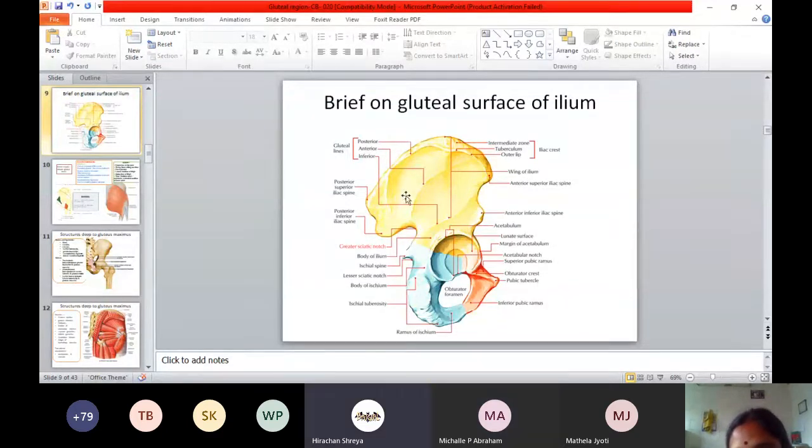Gluteus medius. Very good. And this is the anterior gluteal line, and this is the inferior gluteal line. This gives origin to which muscle? Gluteus minimus. Confident? Again, which muscle is attached here? Gluteus maximus. Very good. Medius.